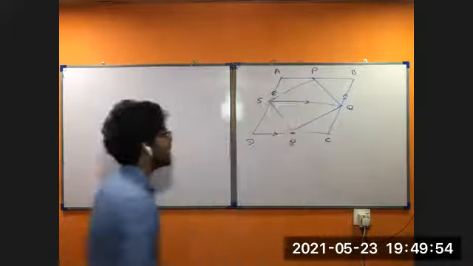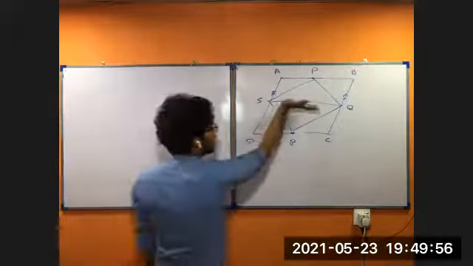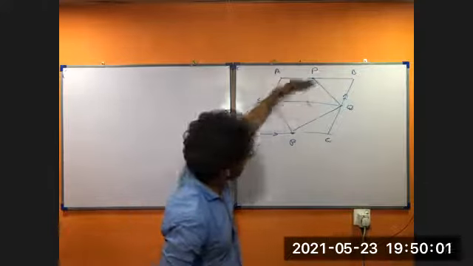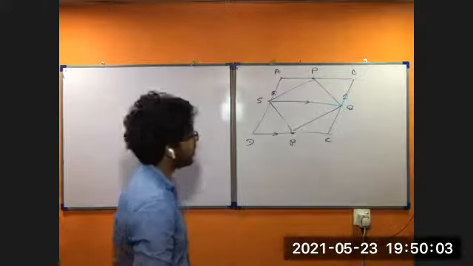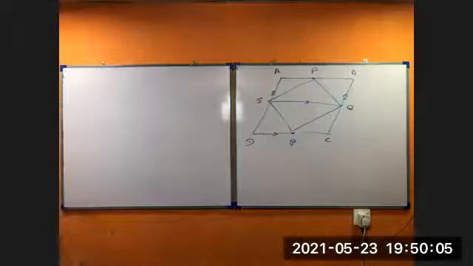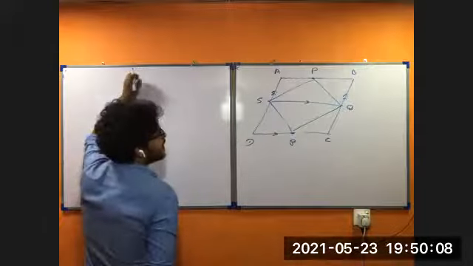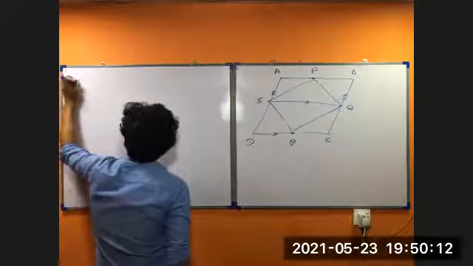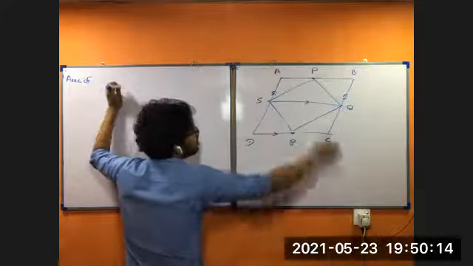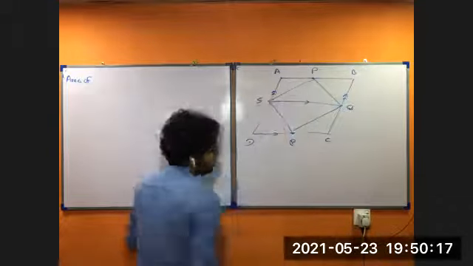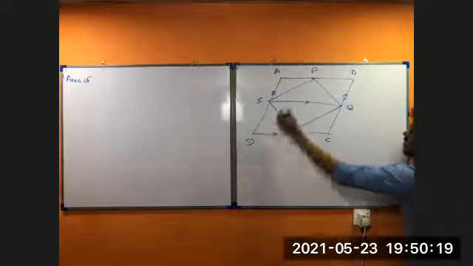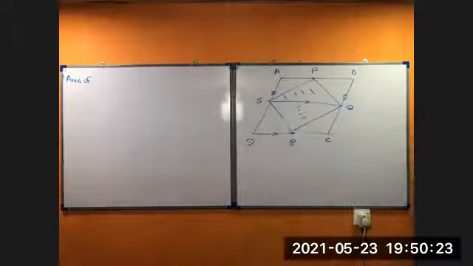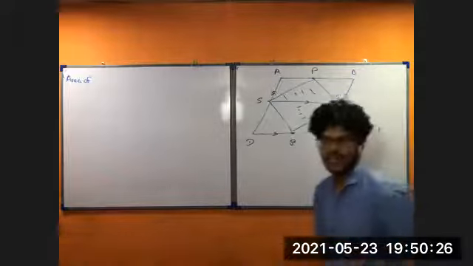So let's break the question into two parts, up and down. Since we are talking about parallelograms, my idea is to find this area separately and find the other area separately, and then add them and see whether they are half or not.